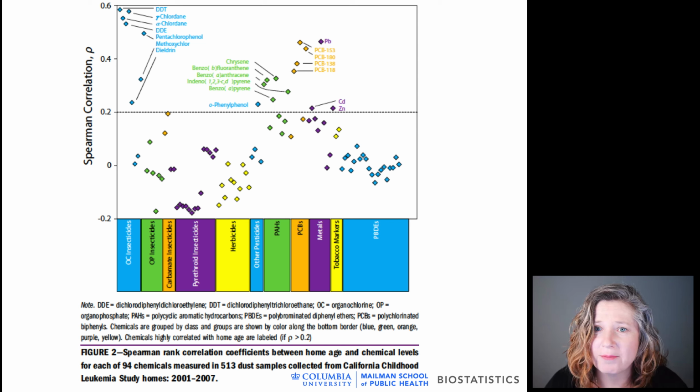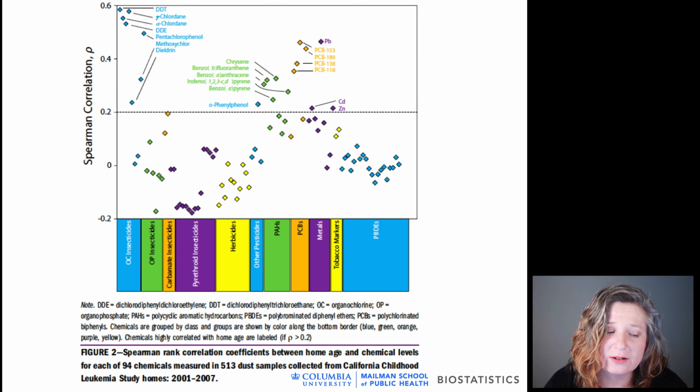They put the chemicals on the x-axis, again grouped and color-coded for nice understanding, and then the correlation for that particular chemical and the age of the home is plotted on the y-axis.